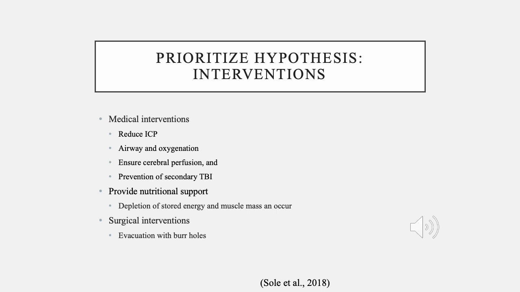When a patient has a TBI or subdural hematoma, it can deplete their stored energy and muscle mass. So we want to make sure we're providing nutritional support. And then, of course, there's surgical interventions, which is evacuation of the hematoma with burr holes.